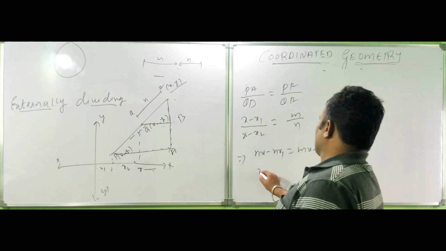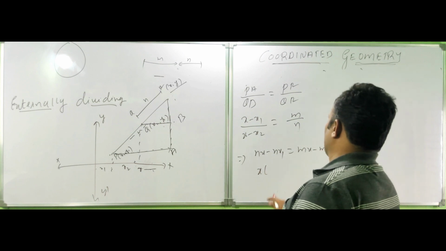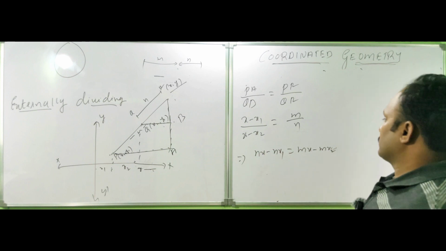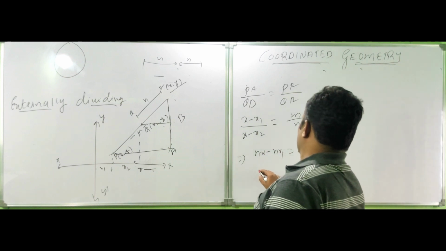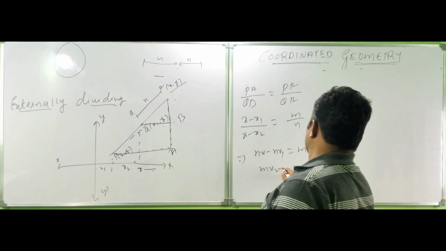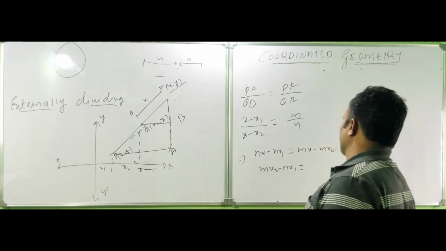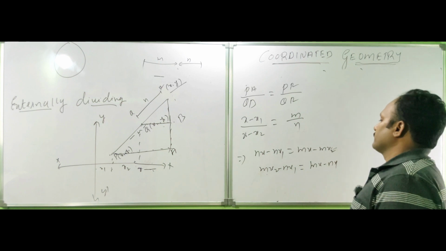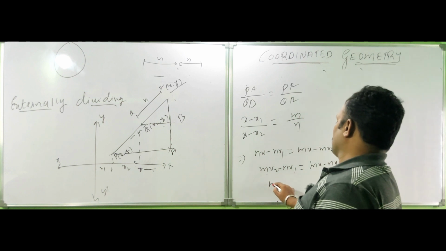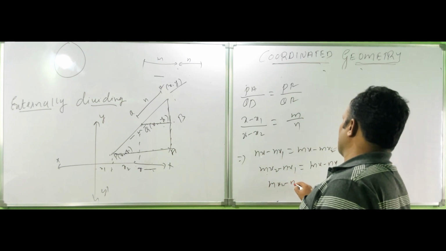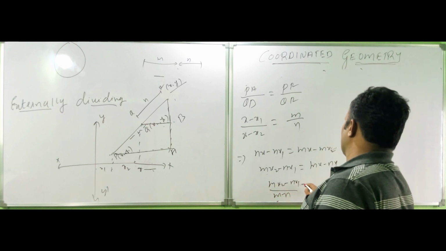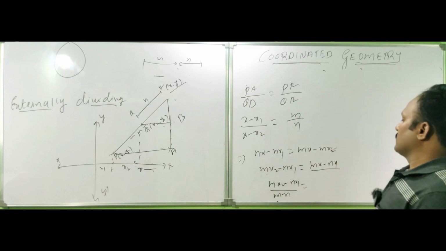Interchanging, sending some terms to the right side and taking some to the left side, this becomes mx2 minus nx1 is equal to mx minus nx.